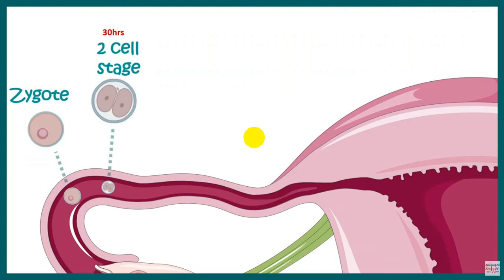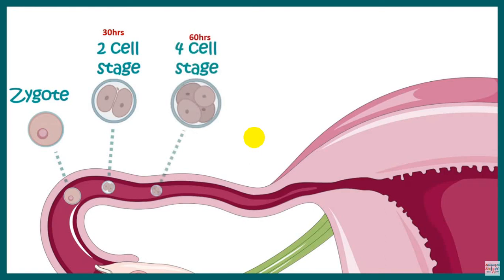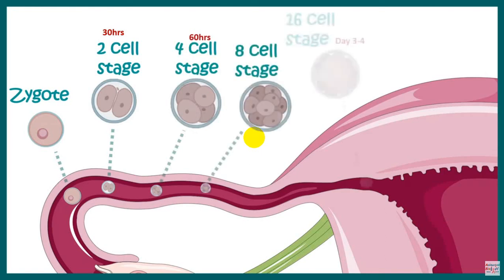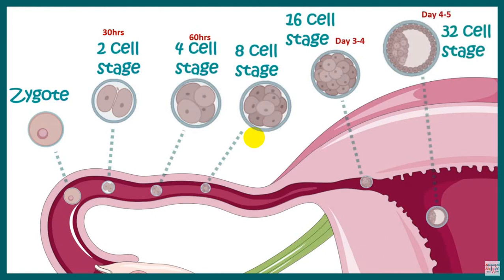And this is happening at about 30 hours after the zygote formation. If we wait 60 hours, there would be a 4-cell stage, 8-cell stage, and eventually after day 3 to 4 there would be a 16-cell stage, and at day 4 to day 5 there would be a 32-cell stage.